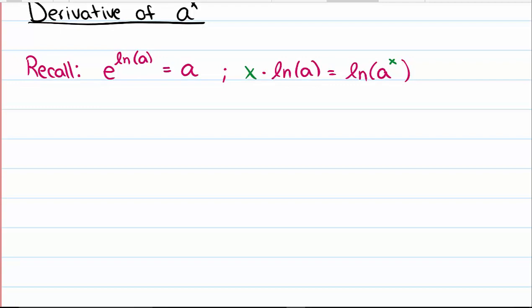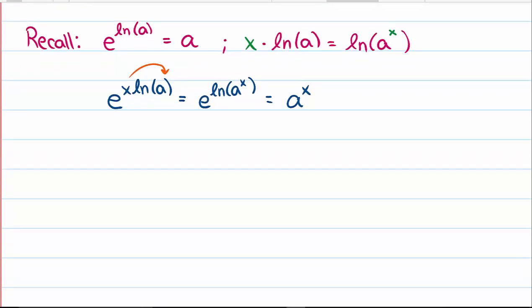So let's just observe really quick something that's going to happen. e to the power of x ln of a is equal to e to the power of ln of a to the x. Right? This x moved up to the power up here. And then this is going to be equal to a to the x power, because the e and the ln simplify each other.